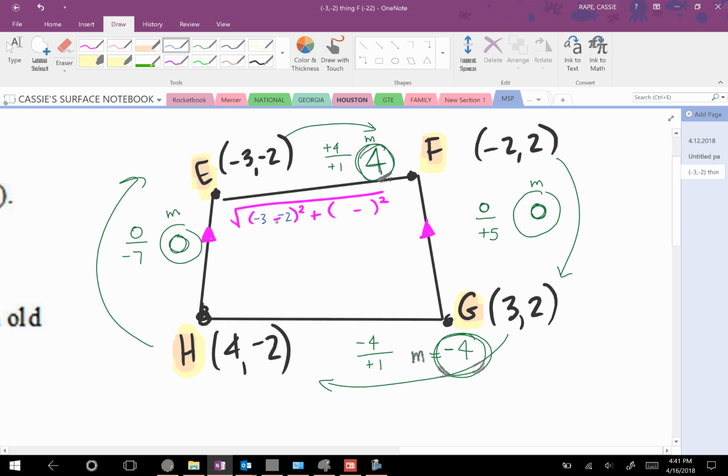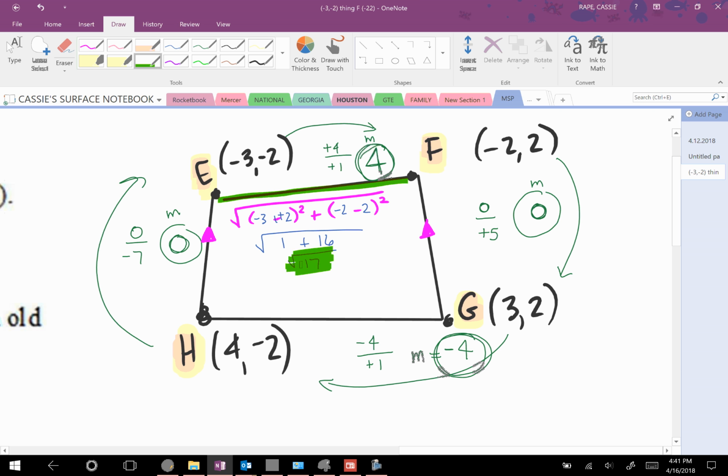From -2, here I'm going to put -2 and 2 in there. -3 minus -2 is the same as -3 plus 2, which is -1. I'm going to go ahead and square it to save room. That's 1 plus negative 2 minus 2, which is negative 4. When you square that quantity, it's a positive 16. So this length is the square root of 17. I'm just going to highlight them alike so that I can see what's what.